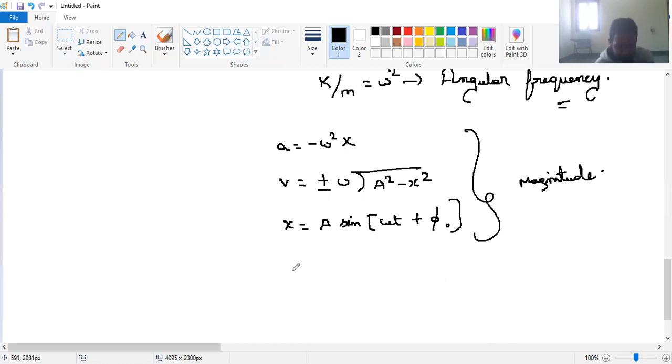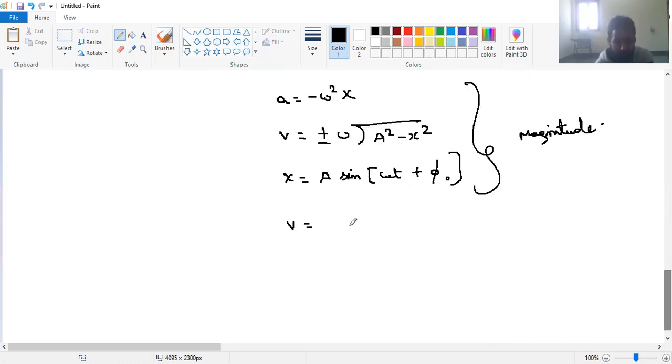Next, in terms of phase angle, velocity is equal to a omega cos omega t plus phi naught, and acceleration is equal to minus of a omega square sin omega t plus phi naught.